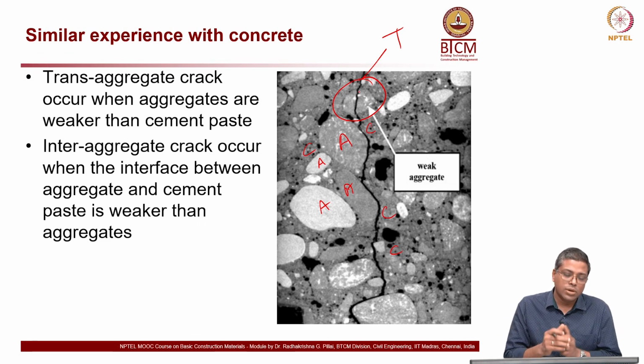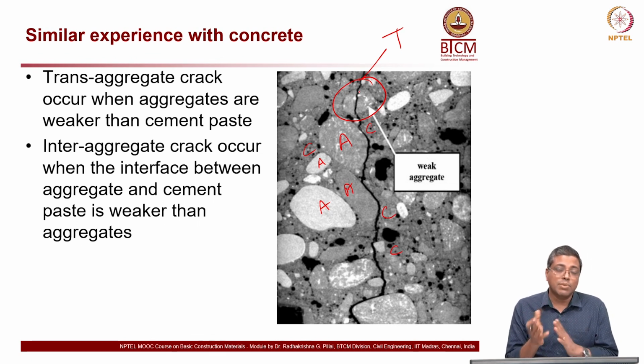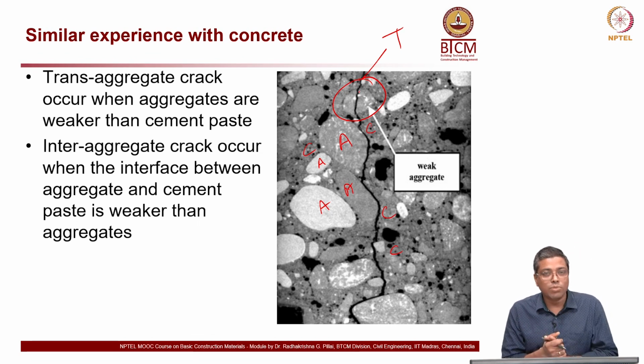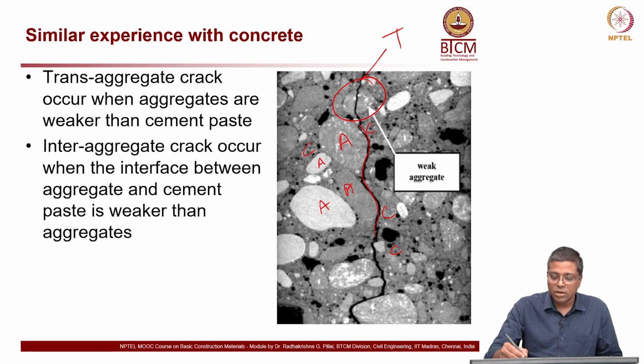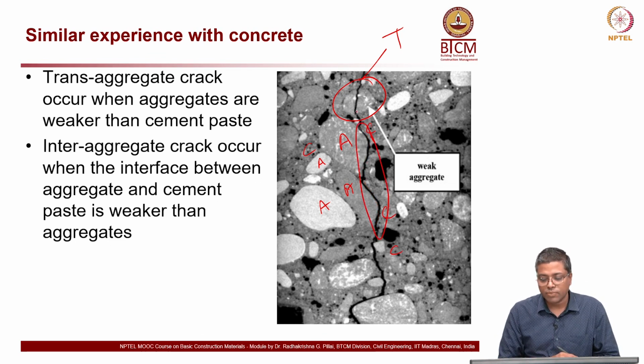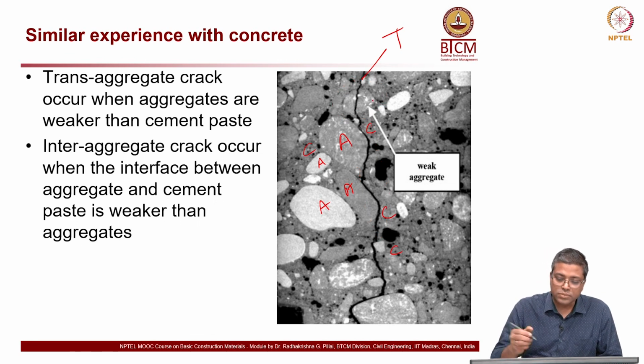If you look at the fractured surface, you will see that in some cases aggregates will themselves be broken, and in other cases aggregates do not break, but the fracture happens along the boundary of the aggregate, like this here. You can see this right here. So these different types depend on which is the weaker material, and the crack will happen through that.